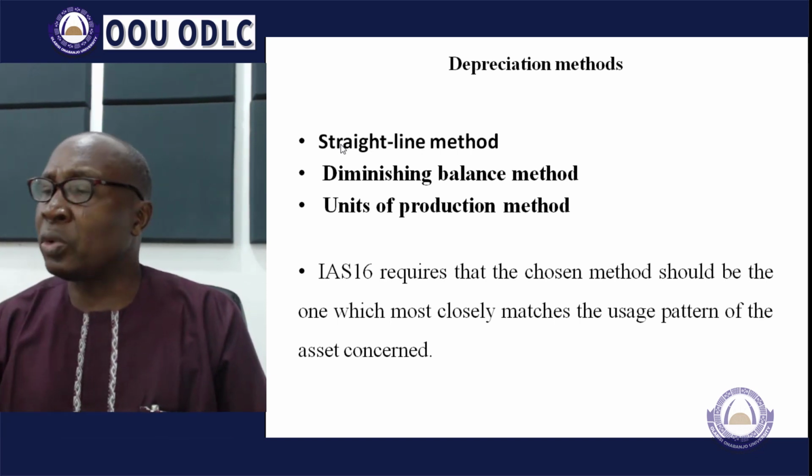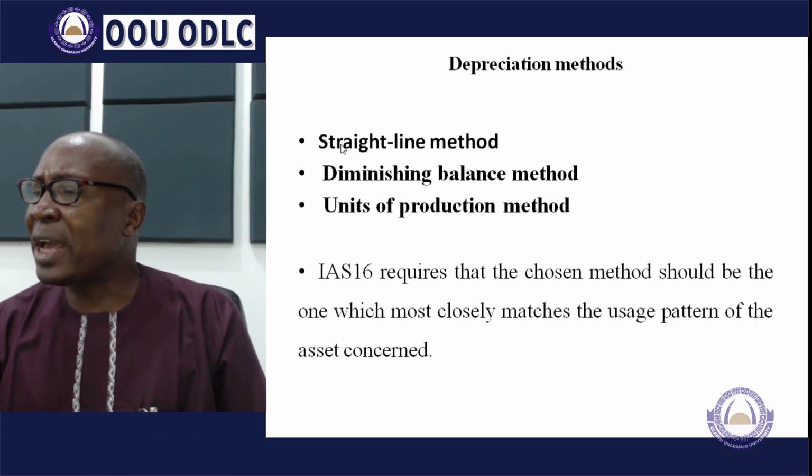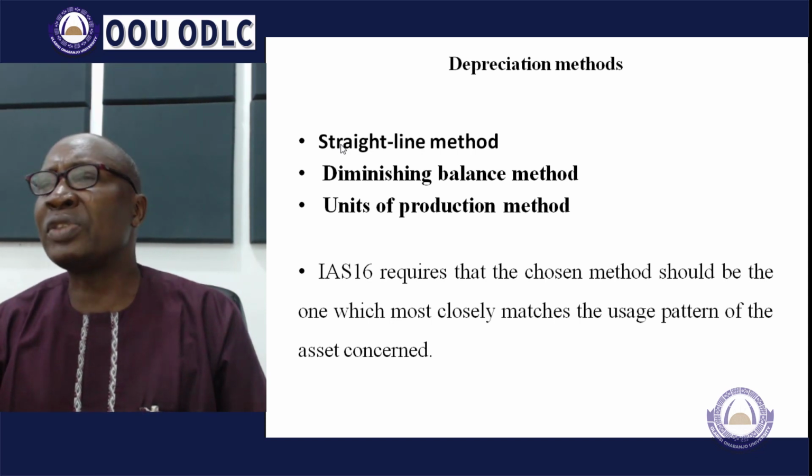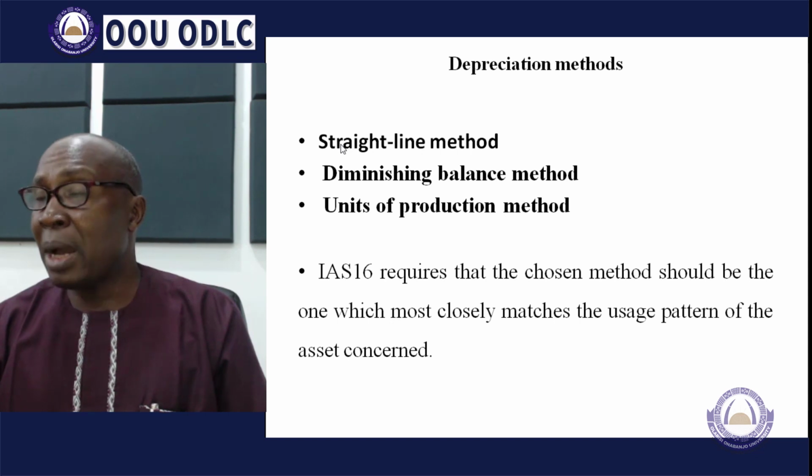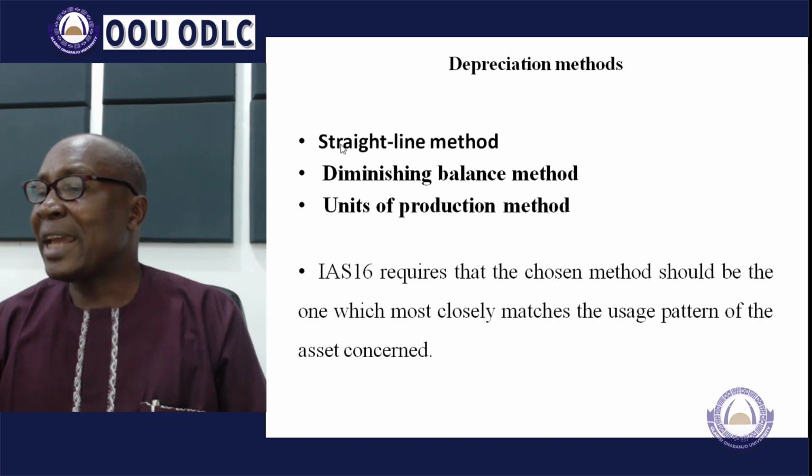The other item of disclosure will be the amount of any property, plant and equipment that is pledged as security for liabilities. The amount of any contractual commitments for the acquisition of property, plant and equipment.